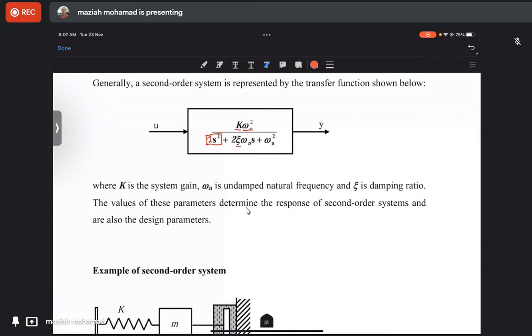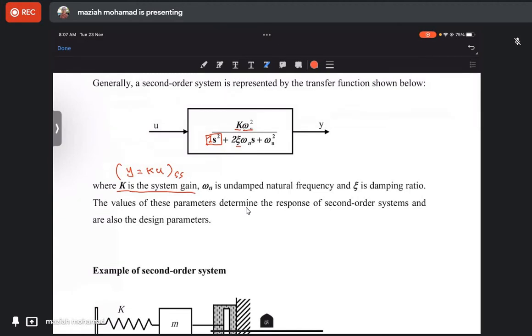The three parameters are K, which is the system gain, the same as K in the first order system. It relates the output to the input at steady state. The second parameter is omega n, the undamped natural frequency.